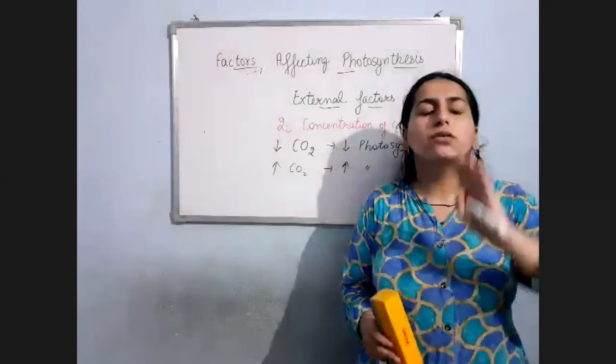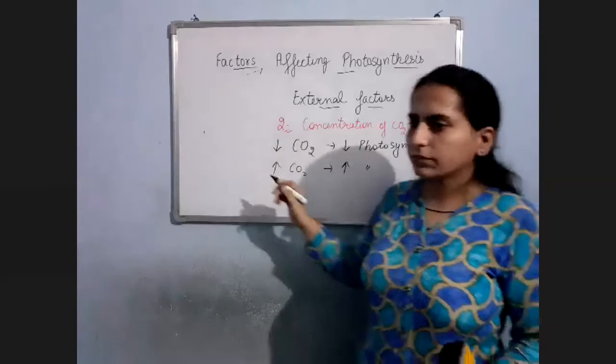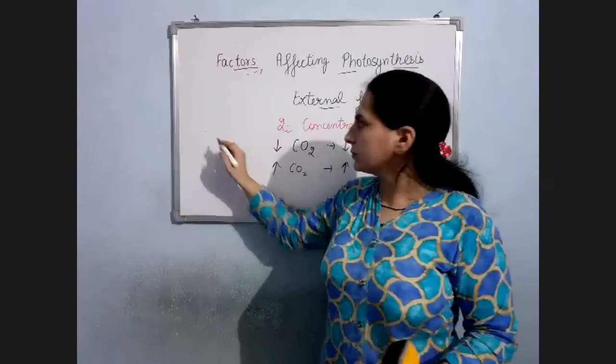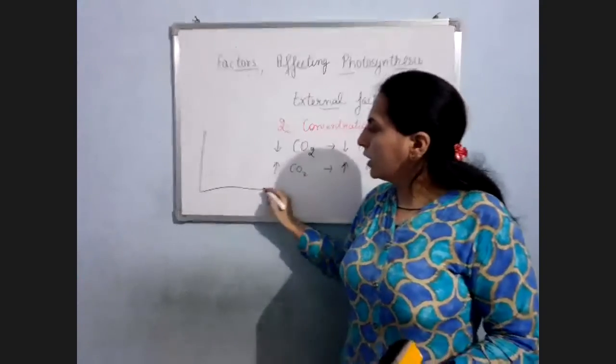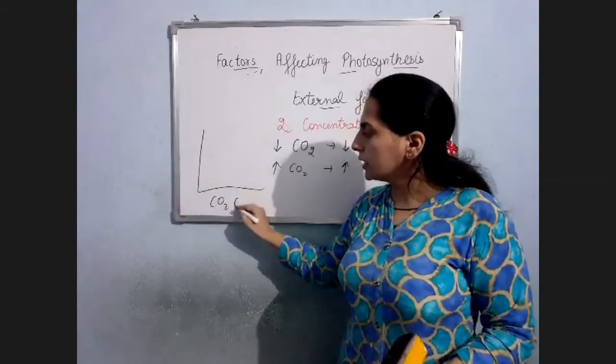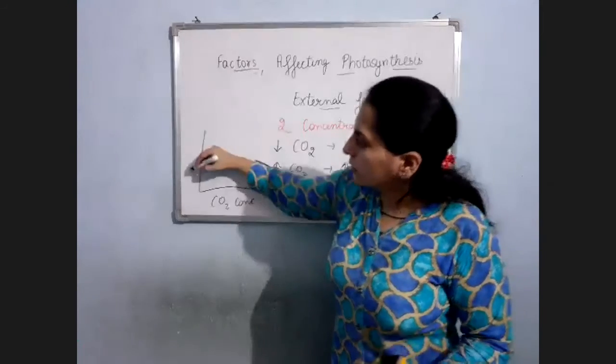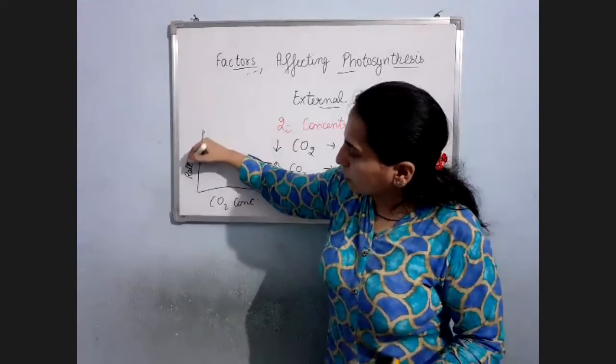Okay. Draw the graph. Again, here I am drawing CO2 concentration against rate of photosynthesis.